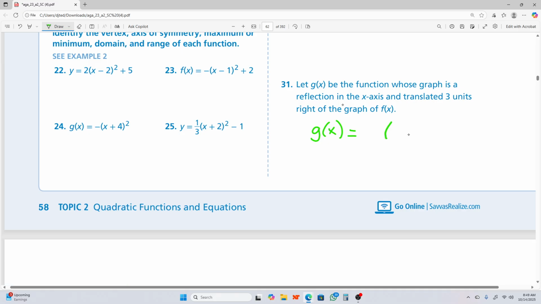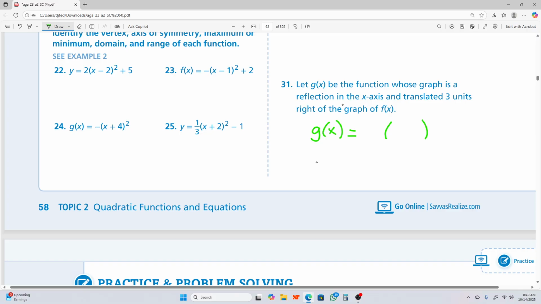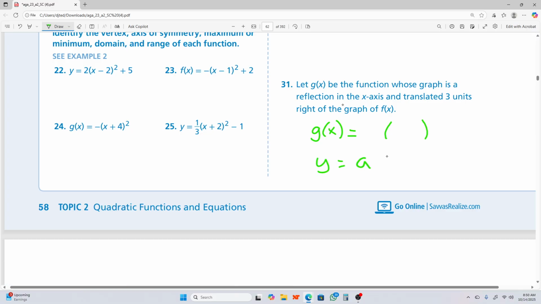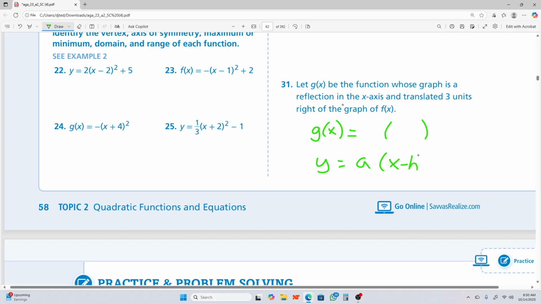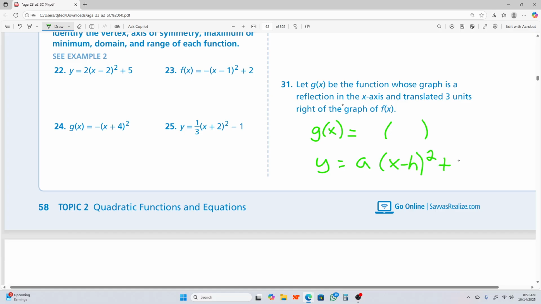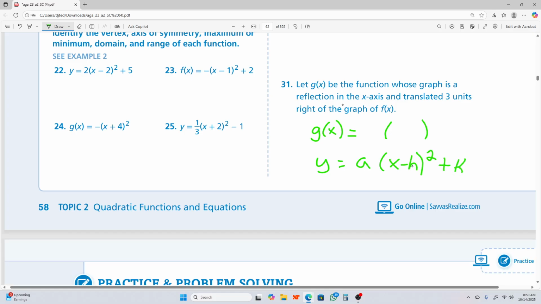and we know we're working with vertex form, so I'm thinking of my formula while I'm writing this down. y equals a times x minus h squared plus k, where hk is my vertex. a tells me whether my parabola is facing up or facing down.